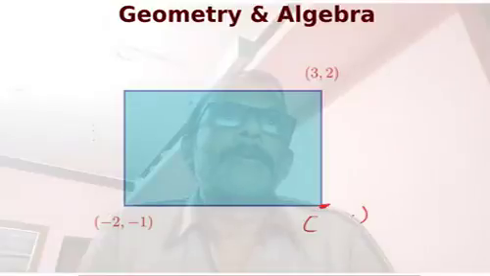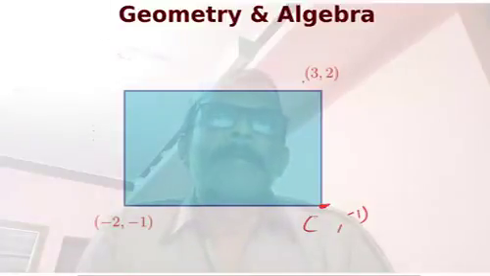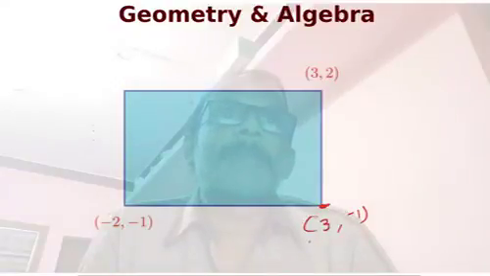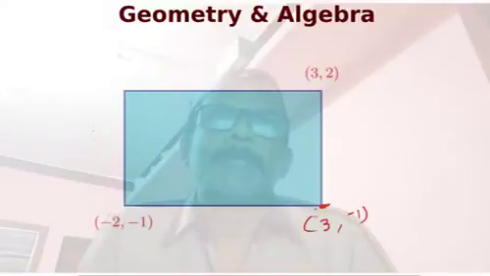So the y coordinate of this point will be the same as the other point, so y is -1. Now, to get the x coordinate, look at the perpendicular line. There is another point on that line and its x coordinate is 3. So the right bottom vertex of this rectangle is (3, -1).